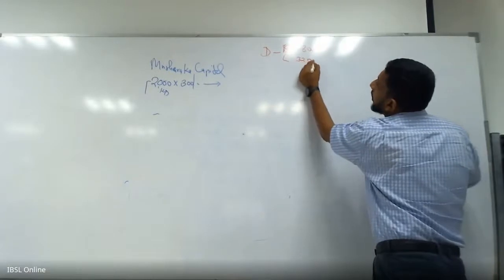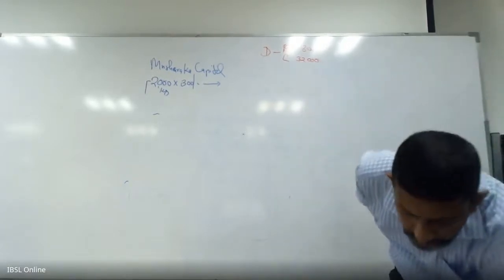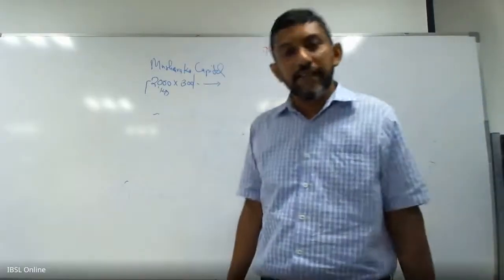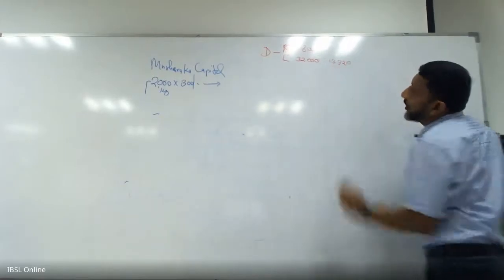Is this correct? Bank 8,000 and customer 32,000? Yes. Okay. Any other answers? Customer 13,320, bank 26,680.